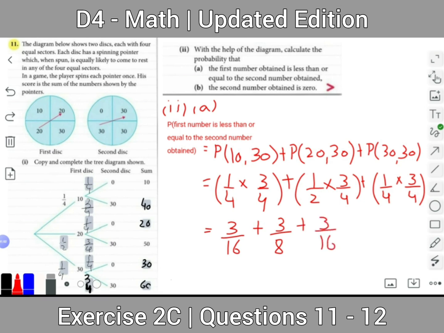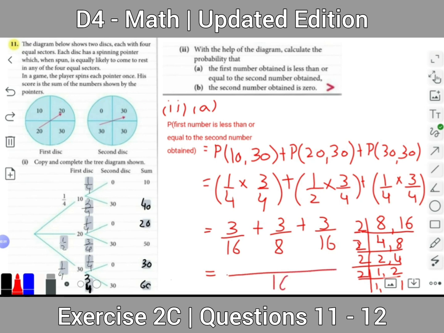So now we will get the LCM of 8 and 16. 2 4s are 8 and 2 8s are 16. Now again we have 2 2s are 4 and 2 4s are 8. Again 2 1s are 2 and 2 2s are 4. So again we have 2. So after multiplying we will get 16, so the LCM will be equal to 16. Now by using the butterfly rule, 16 times 1 is 16.